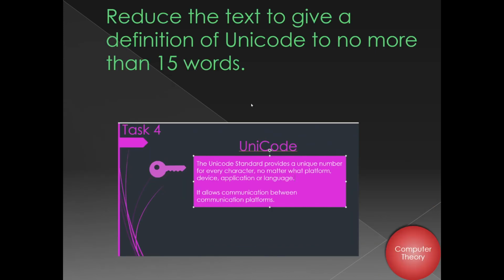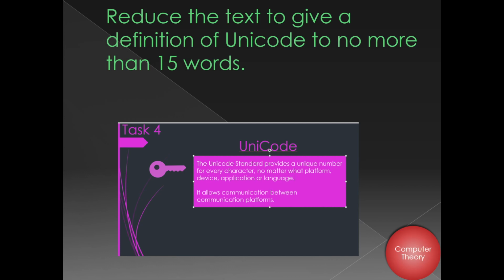So now we're going to look at Unicode. On this slide in task 4, here is this box, and I need you to read it and reduce the text to make it a lot easier to understand. Try and get it down to 15 words. The definition of Unicode as it is now is: the Unicode standard provides a unique number for every character, no matter what platform, device, application or language.